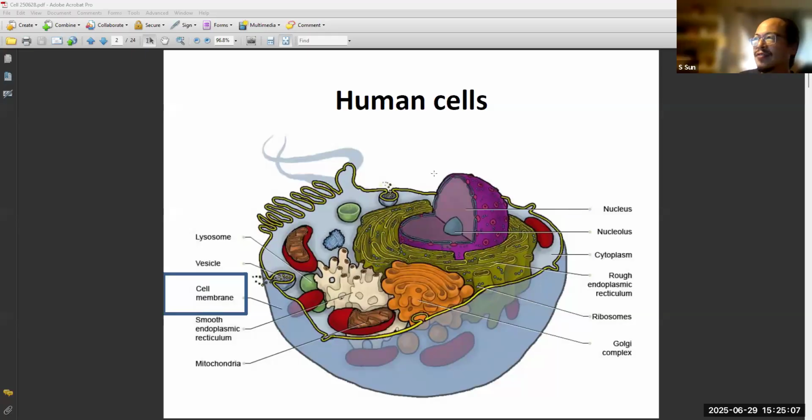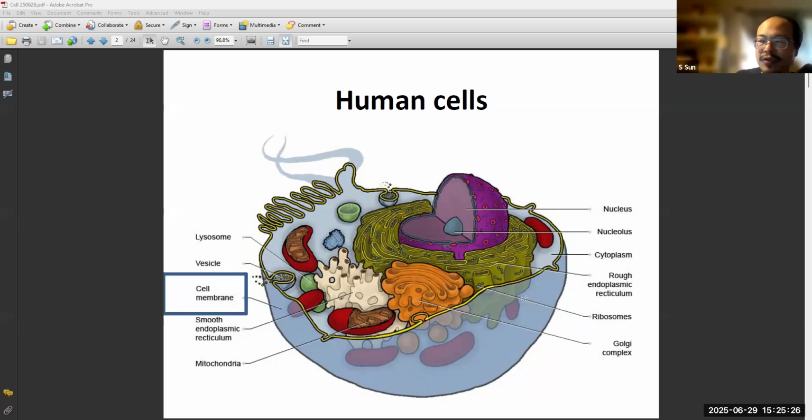We all know there's the nucleus, endoplasmic reticulum, Golgi apparatus, mitochondria, very important, and so many other things. But today we are going to focus on just one very simple thing, which is the cell membrane right here.